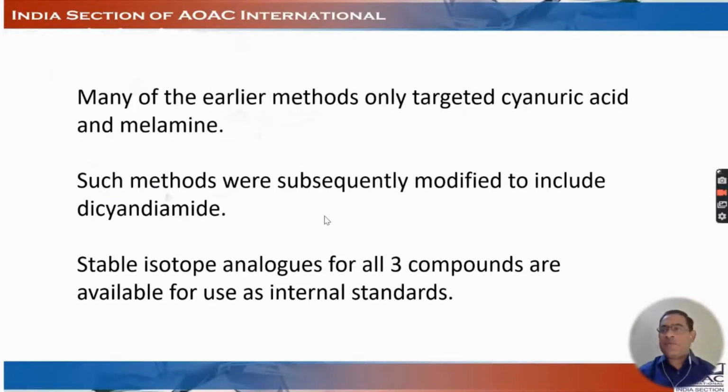In all cases, one problem is there that these are small molecules. They face a lot of trouble in extraction and in chromatographic retention. So that is the reason in many cases people have reported poor recovery. To rectify that problem and correct the recoveries, it is important to utilize stable isotope analogs of these three compounds.